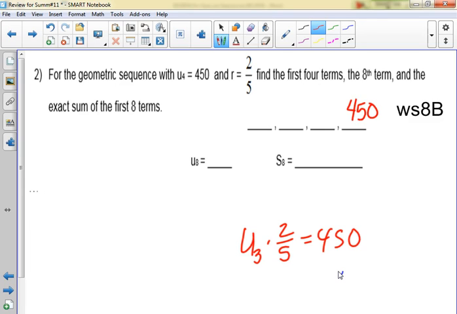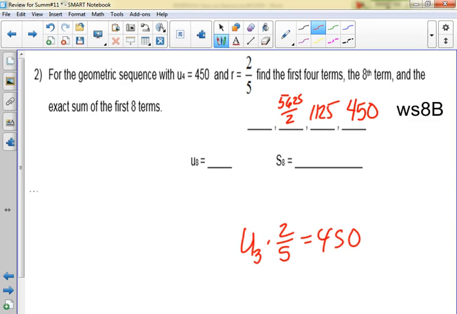450 divided by parenthesis 2/5, or like I said, just 450 times 2.5. 1125, anybody? And then the same process again. 2812.5 or 5625 over 2.